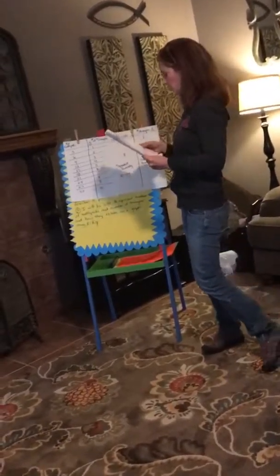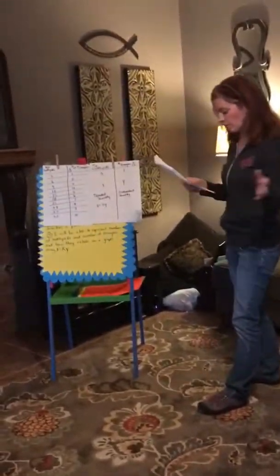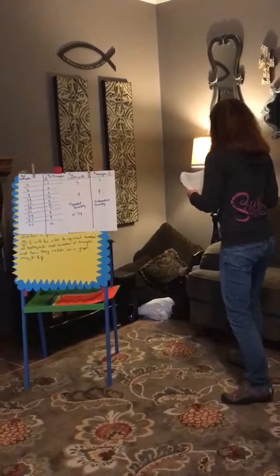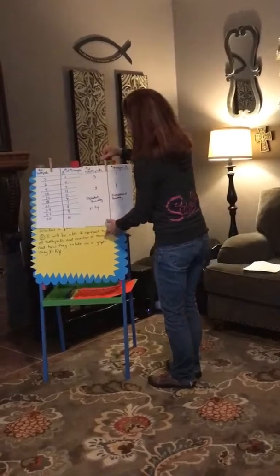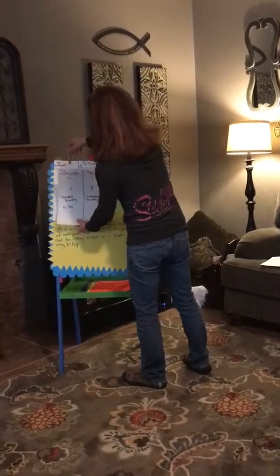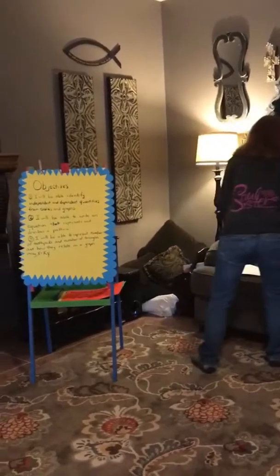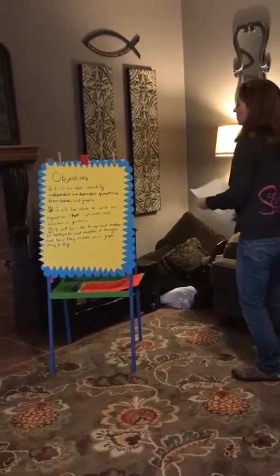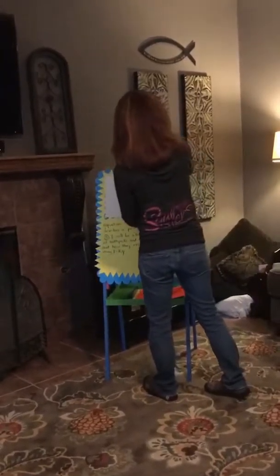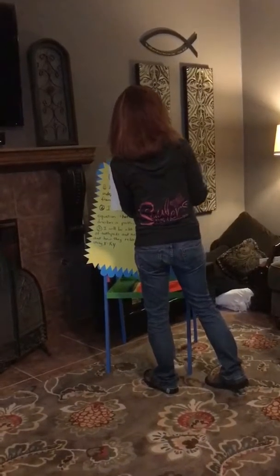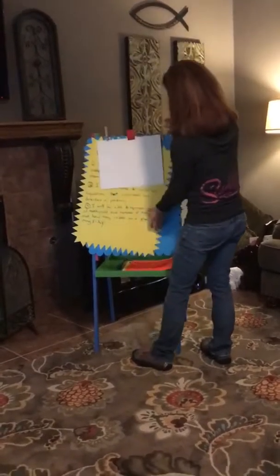The next thing we're going to do is stay with your partners, and we're going to do an input-output chart. Get your journals again. That keeps wanting to fall down.